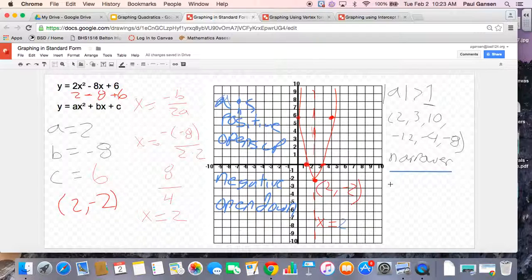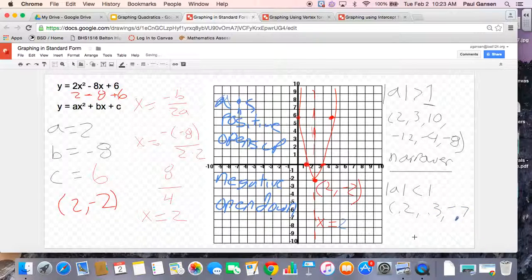Now, the other idea is when the absolute value of a is less than 1. So these are like your decimals, like 0.2, 0.3, negative 0.7, or even your fractions.